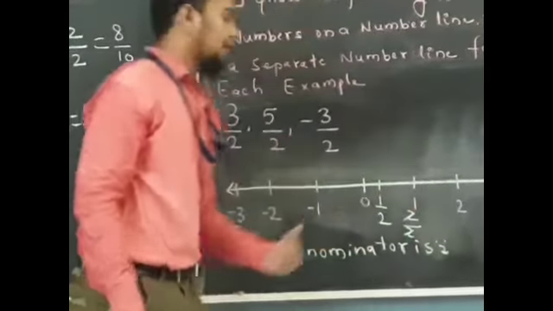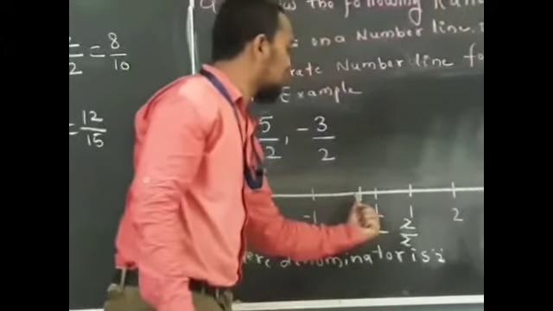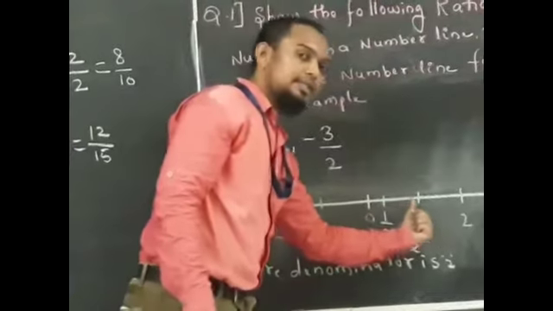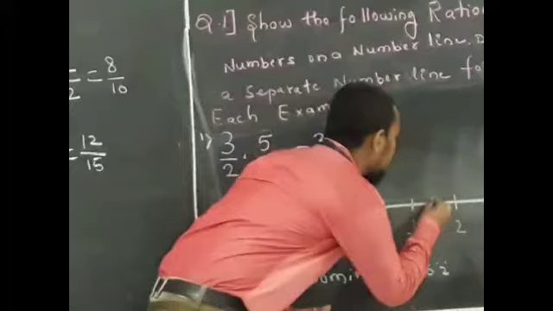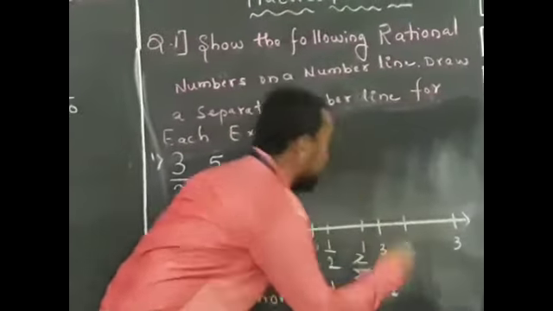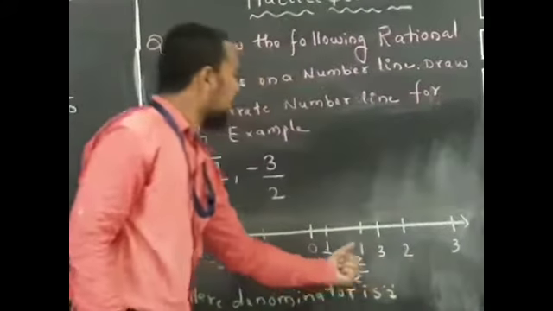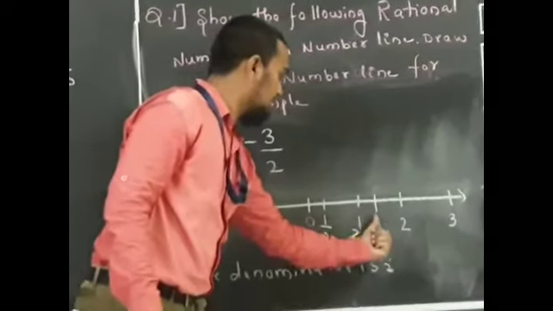Here 1. Next 0 to 3. 0 to 1 is 2 units, and 0 to 3 units.